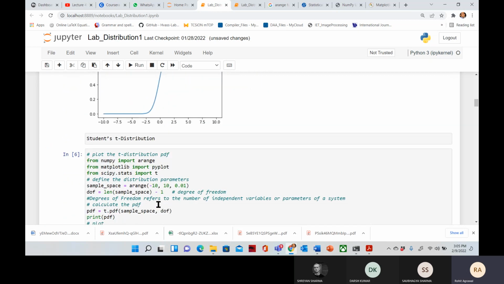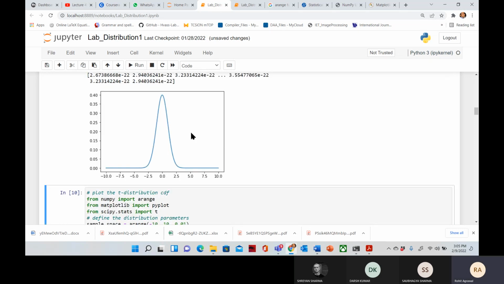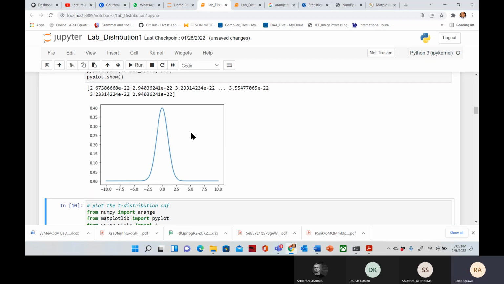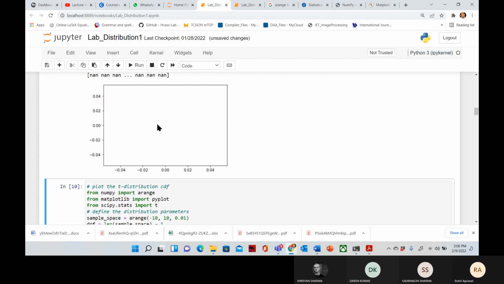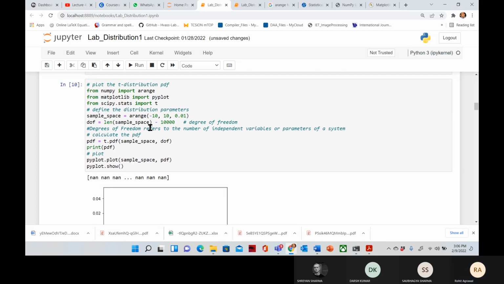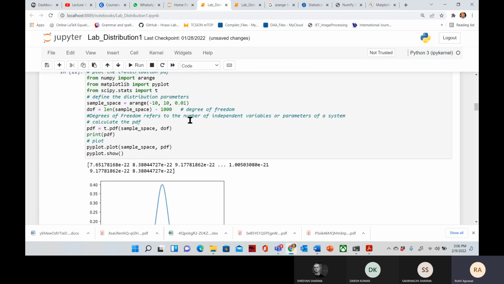Here also, if we change this degree of freedom, suppose I'm just writing here, you can see now it is something different from that one. And let me make it one more. Nothing came up, because we changed this. Now we have this one, so it depends on this parameter.